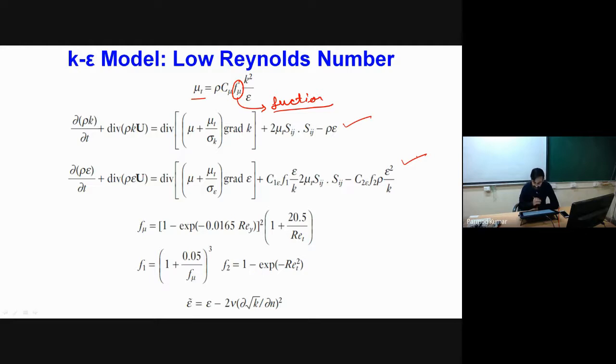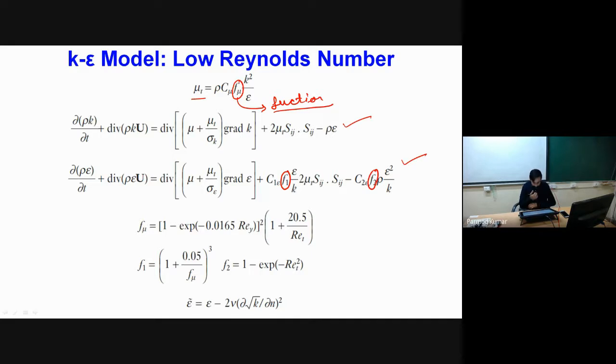The only correction comes in our epsilon equation. So in epsilon equation, in production and destruction term, now we are having additional functions f1 and f2 also. So now we are having three different functions which are coming additionally when we are having actually low Reynolds number flow.